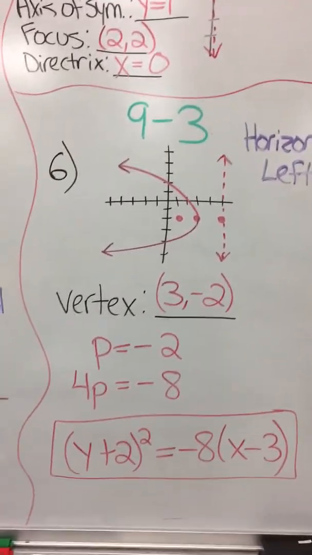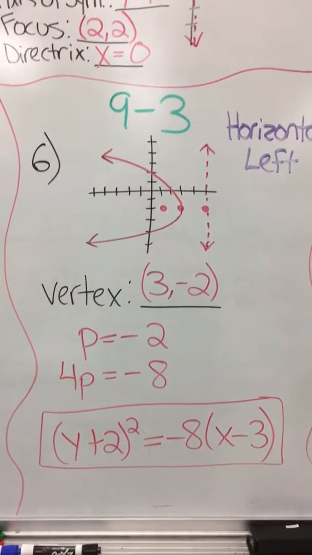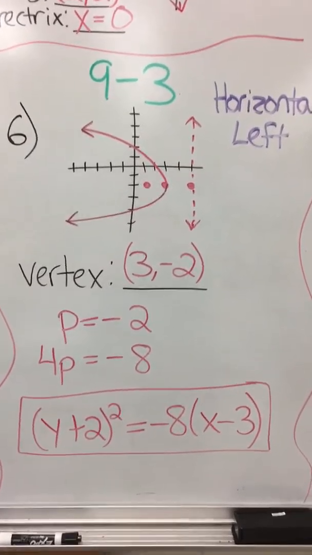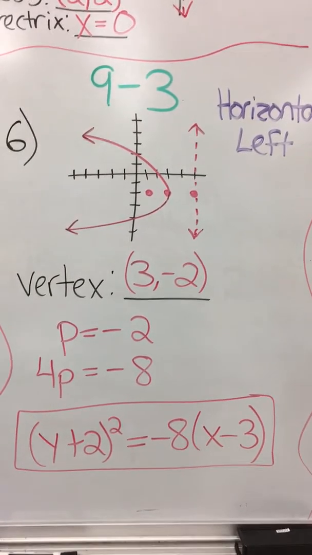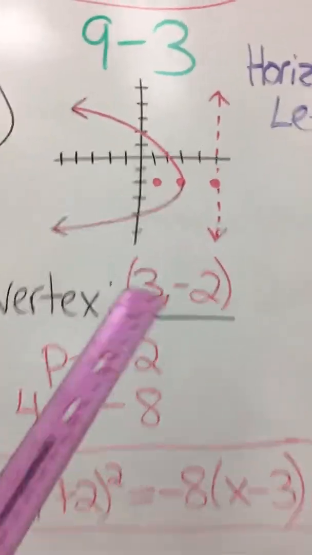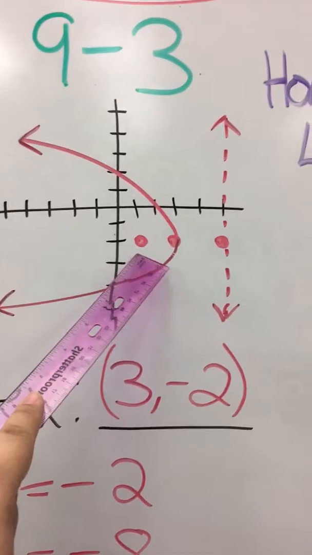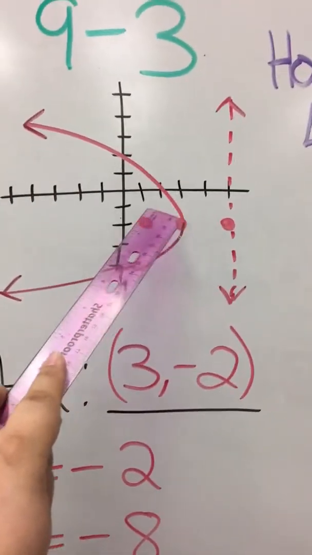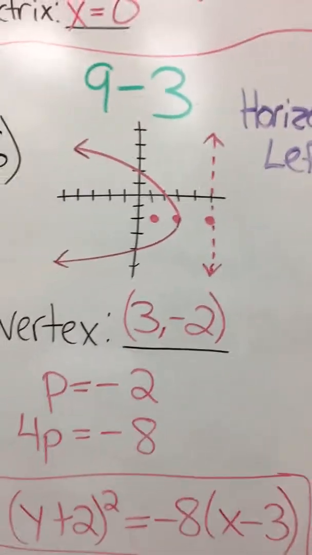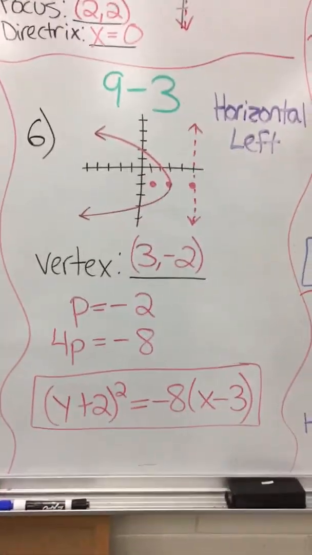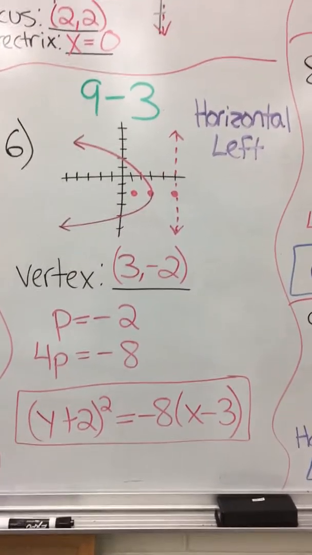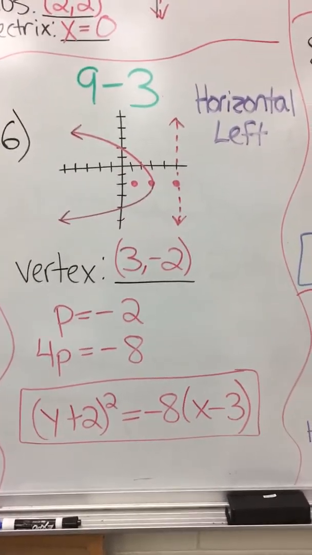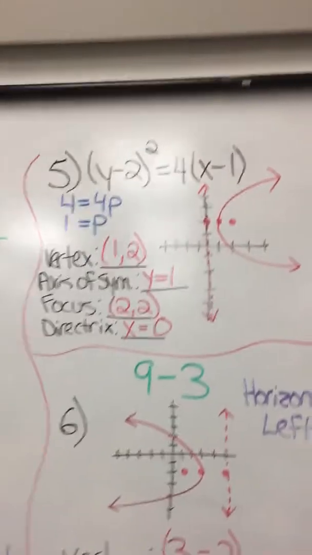In this case, it is at (3, -2). So that's going to be your vertex. Then from there, what you have to do is figure out your focus, which again is going to be this first dot right here. So you're going to count from here. You're going left 2. So your p value is going to be equal to -2. And then remember how I said you're going to be kind of working backwards from how you were doing at this problem.